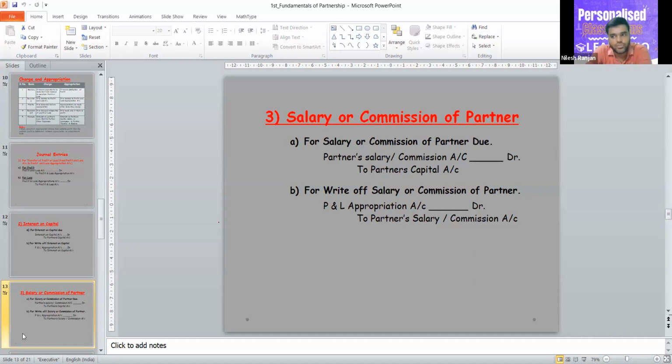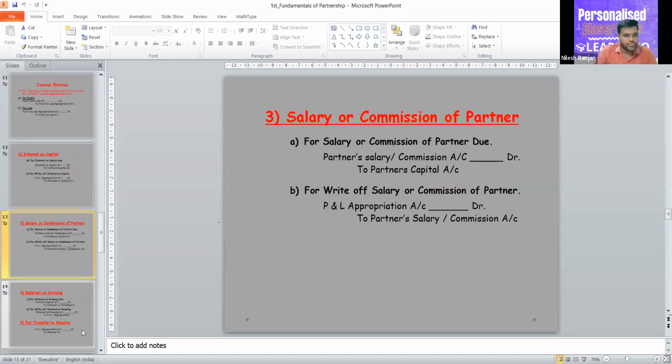So actually the rule changes on the basis of the type of account. Partner's salary is a nominal account, that's why it is an expense and goes to debit.